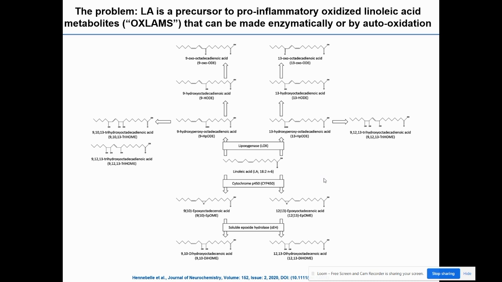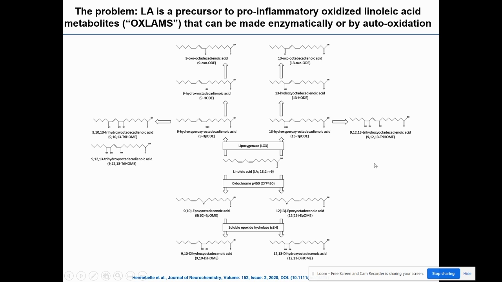Our bodies have a lot of enzymes that actually spend a significant amount of energy oxidizing LA to make these OXLAMs, and for a purpose. So they are important at some level, but in excess, they can be pro-inflammatory, at least when made in vivo, in our bodies, different from when it's made on a cooking pan.